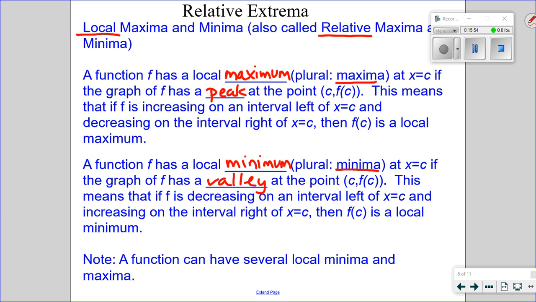So again, all we're saying is if you're reading a graph and the graph changes from decreasing to increasing, then the point where that change happens can be identified as a local minimum. Okay, and then remember that a function can have several local or relative minima and maxima.